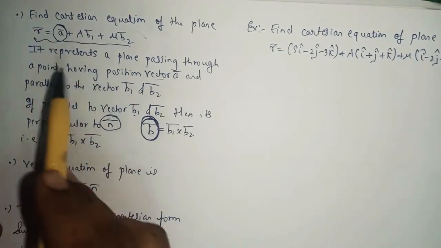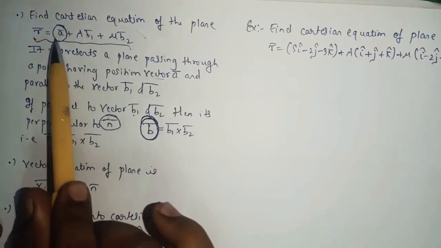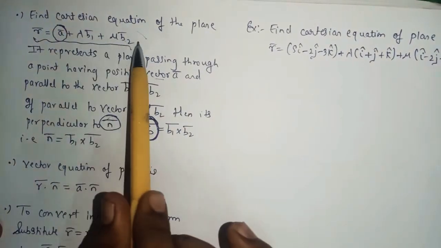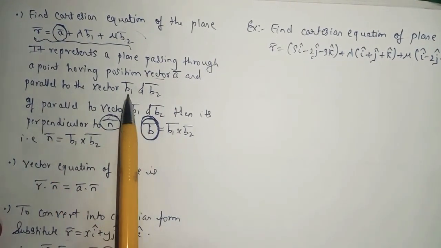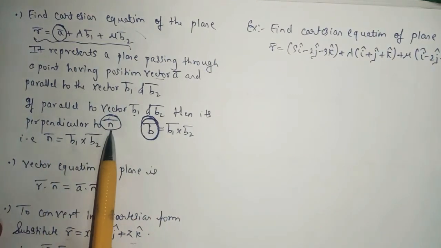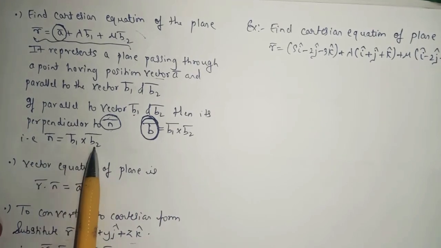Just remember these points. Here a bar is the position vector and b1, b2 are parallel vectors. n bar is the normal, normal means perpendicular, so n bar equals b1 cross b2.